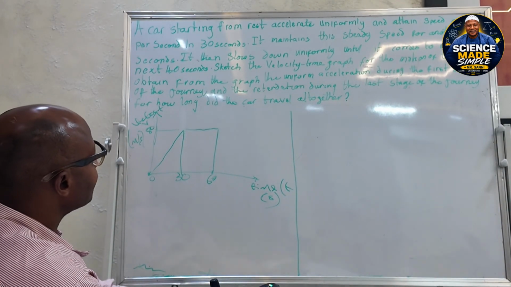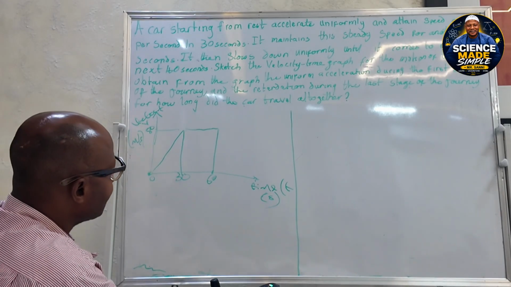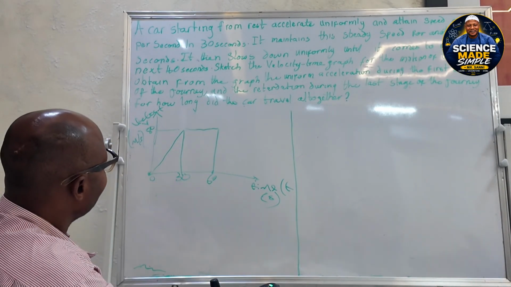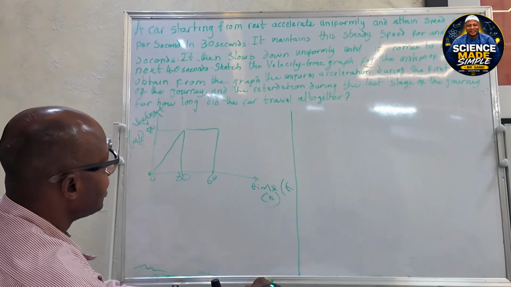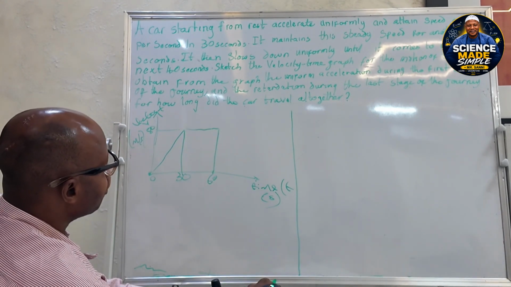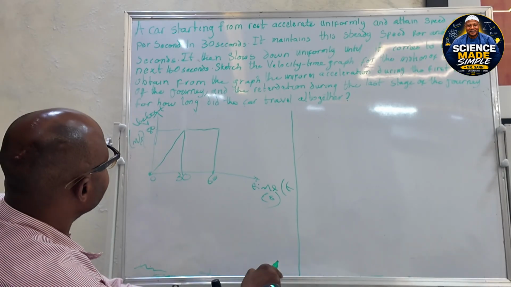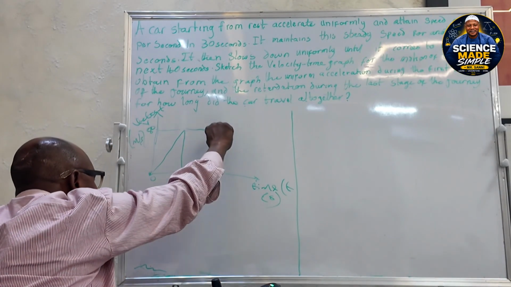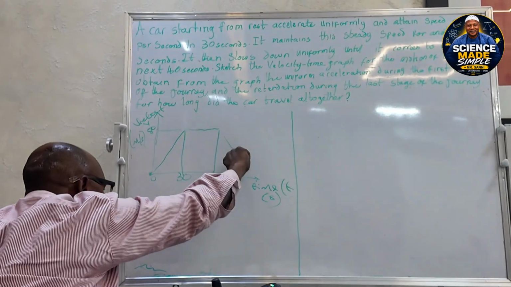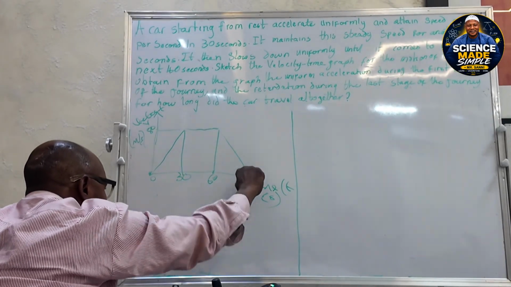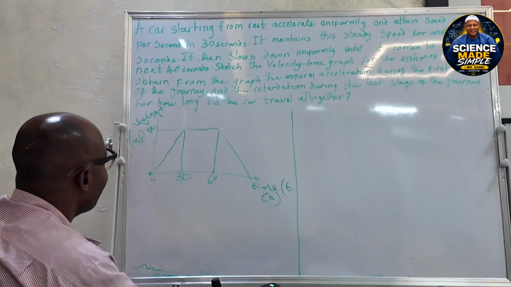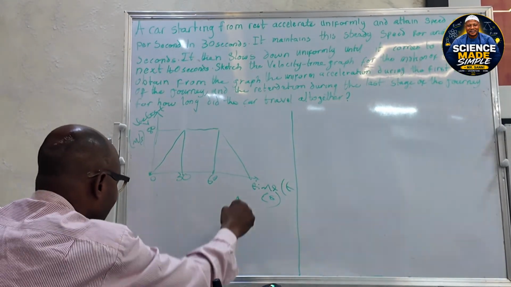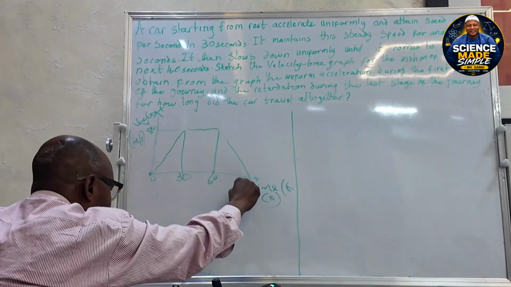It then slows down uniformly. That is, it retards uniformly, slowing down till it comes to rest in the next 40 seconds. That is, it slows down like this till it comes to rest after another 40 seconds. 60 plus 40 will be 100.